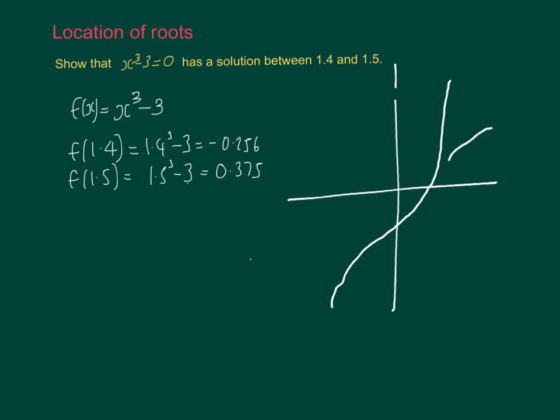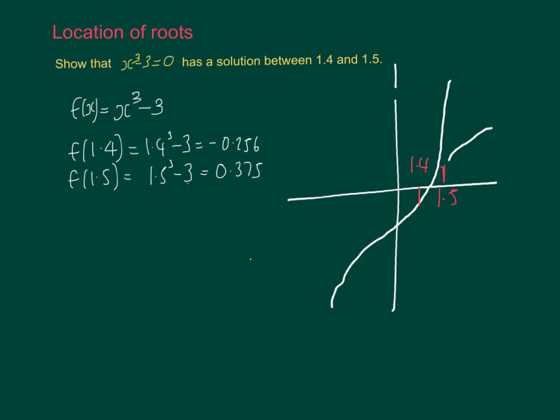So we found the values of f of 1.4 and 1.5, and we've seen that one of them is a negative value, so that's below the axis. So we can imagine that 1.4 is here, and the other is a positive value, so we can imagine that 1.5 is here. Okay, so somewhere between 1.4 and 1.5, given that it's negative at 1.4 and positive at 1.5, the graph must have crossed the axis, and therefore we can determine that there must be a root in that range.